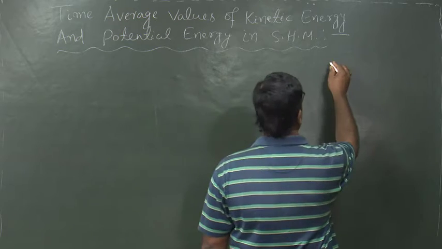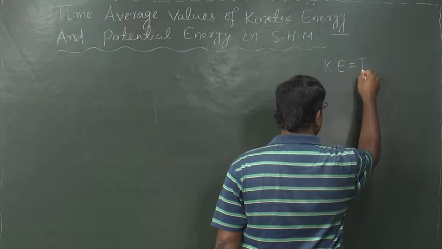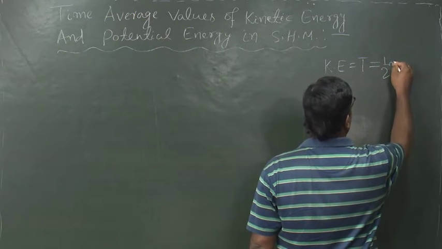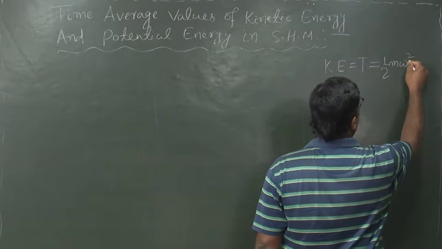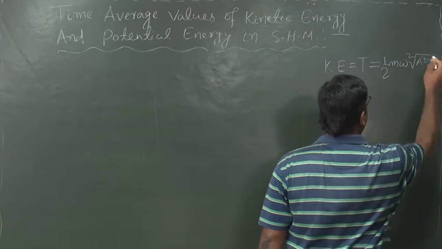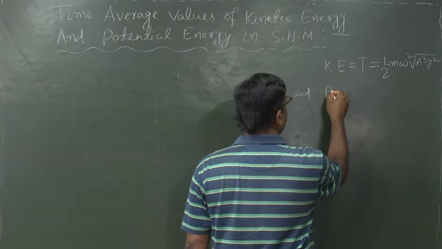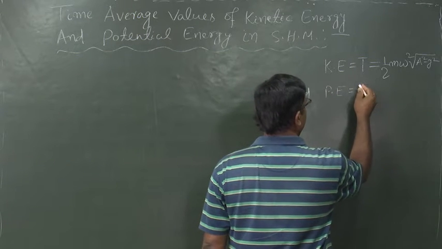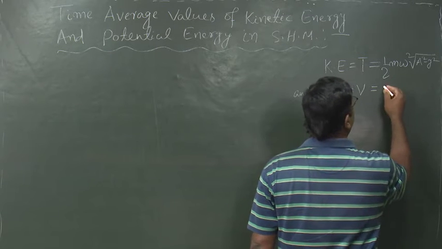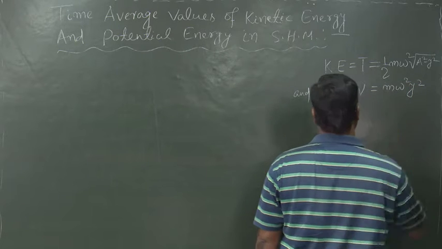We have already found out kinetic energy T is equal to half m omega square into root over of a square minus y square, and potential energy V is equal to half m omega square y square.